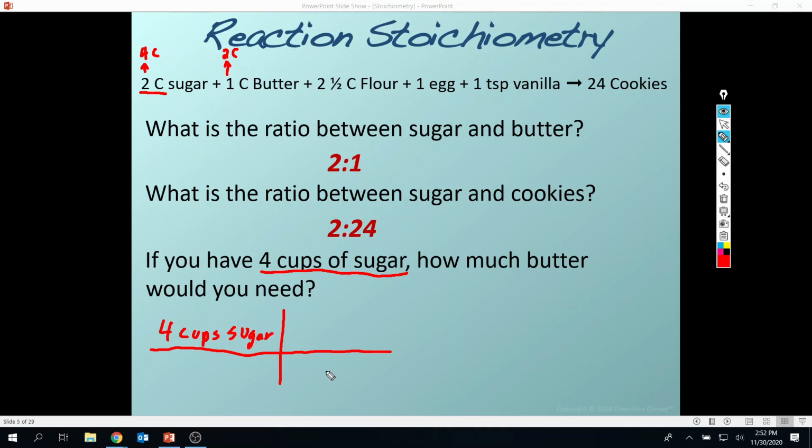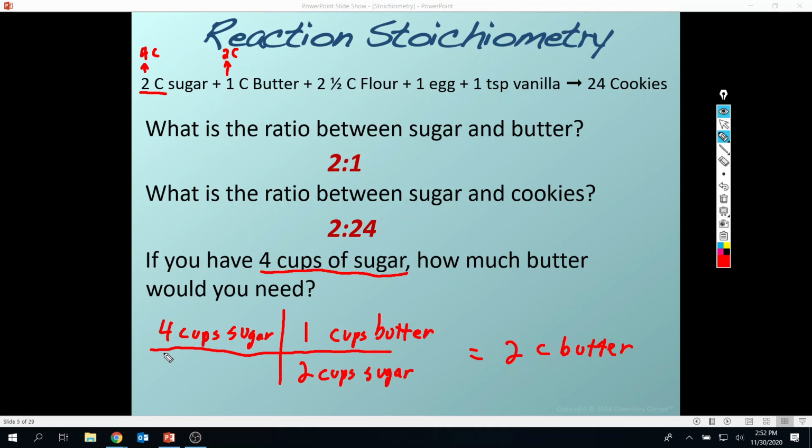And you say, how many cups of sugar are there to how many cups of butter? And you say, oh, well, for every 2 cups of sugar, there is 1 cup of butter. And so 4 times 1 is 4 divided by 2. And sure enough, you would still get 2 cups butter.